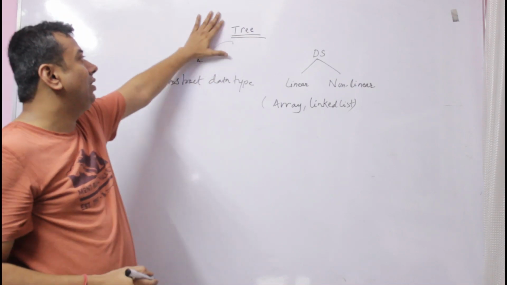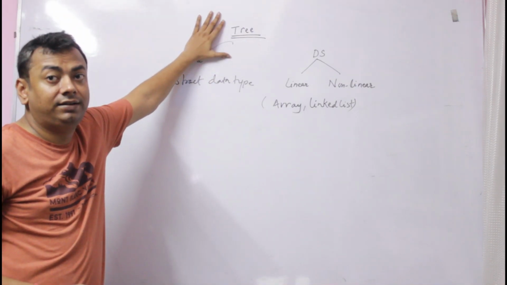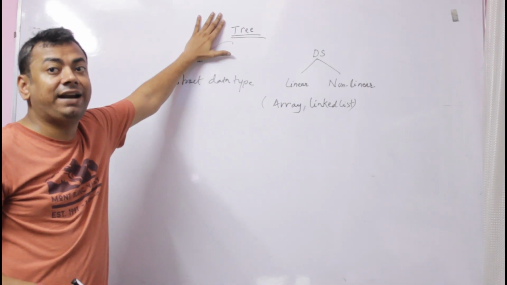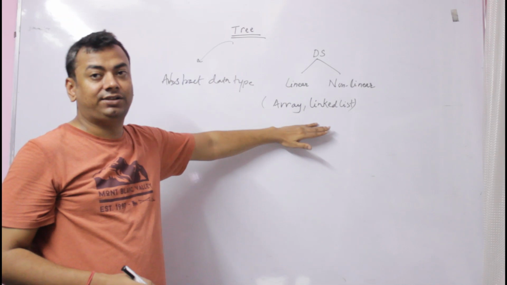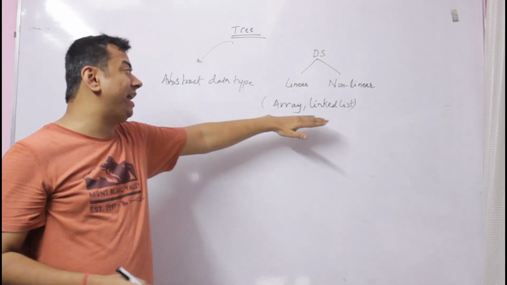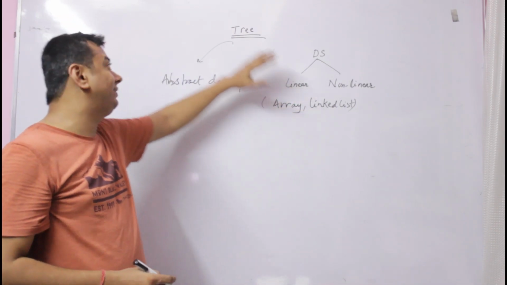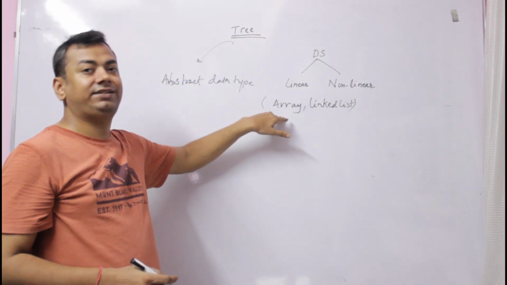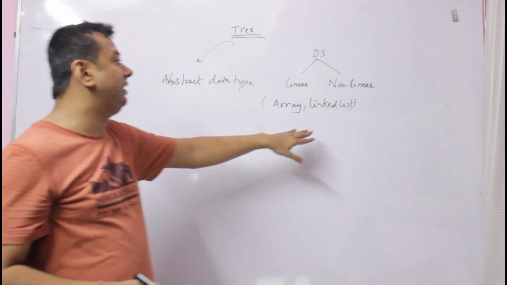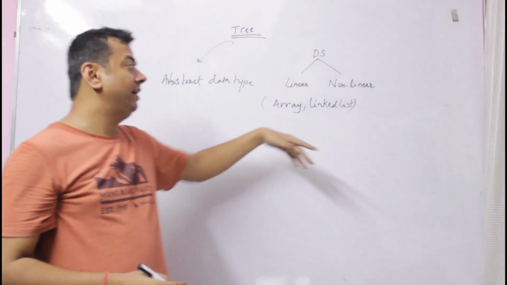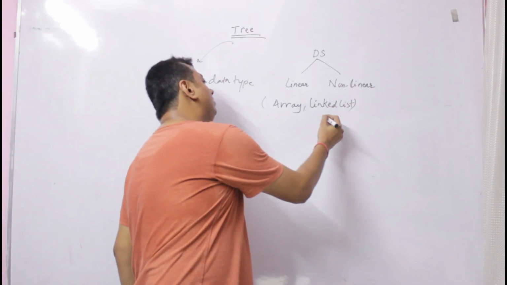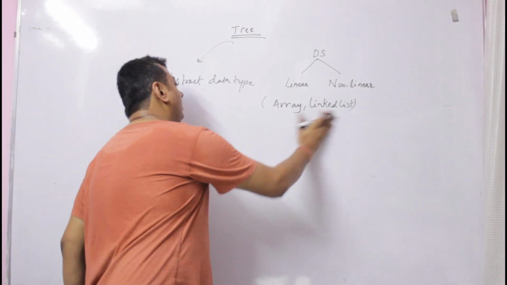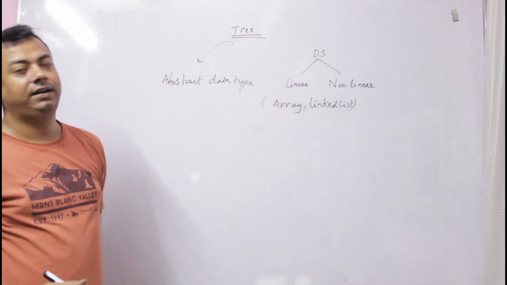This may be conceptual and might not be concrete if you don't have prior knowledge of the underlying data structure. If you know that the tree is implemented using the data structure array or the data structure linked list, then, with the same case, linked list is also an ADT, but for the moment, consider it as a data structure.